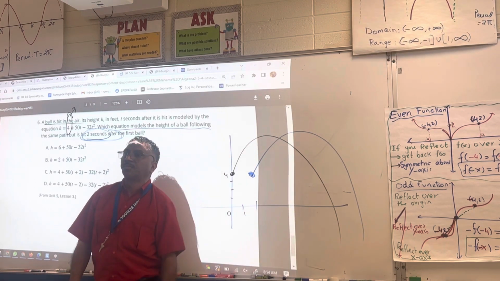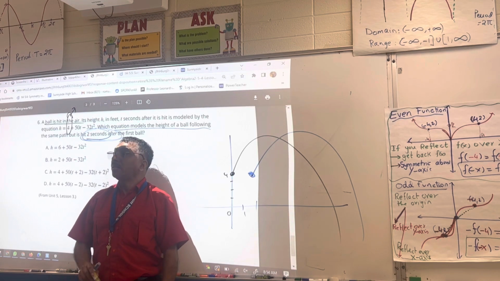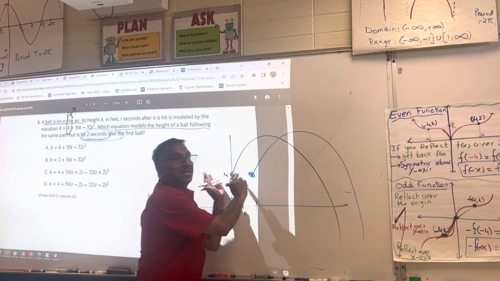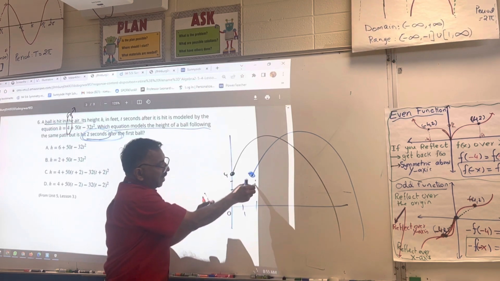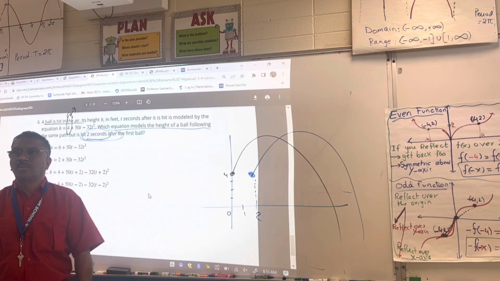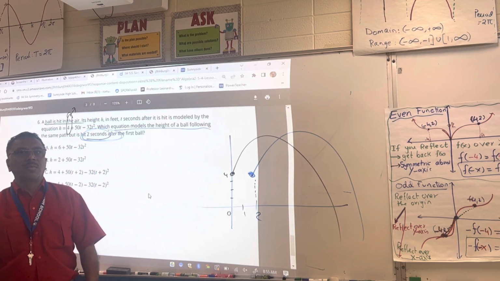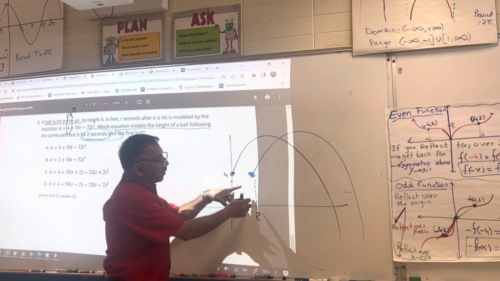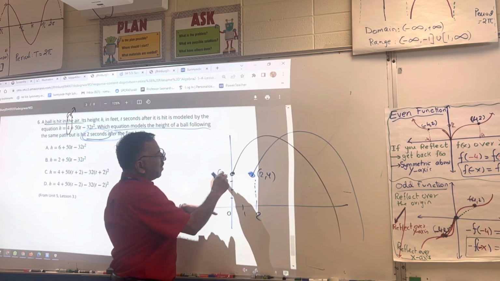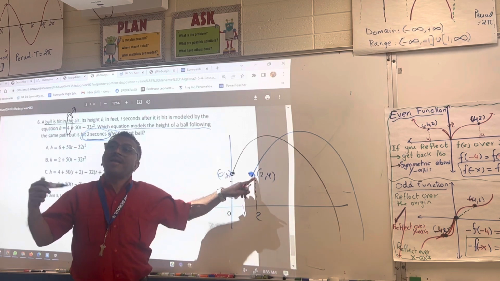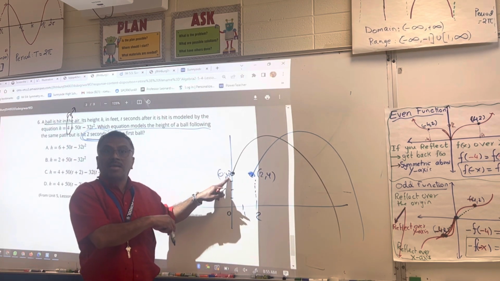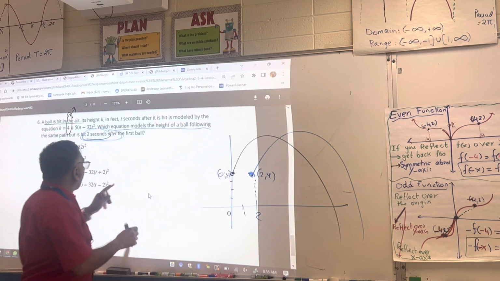Can you see that? The path looks similar, but because the graph has shifted, how many places has it shifted? Nobody's saying. 2. So that means this is 2, 4, and this is 0, 4. The second time you hit the ball in the air, it was already being done earlier. So you have to write x minus 2.